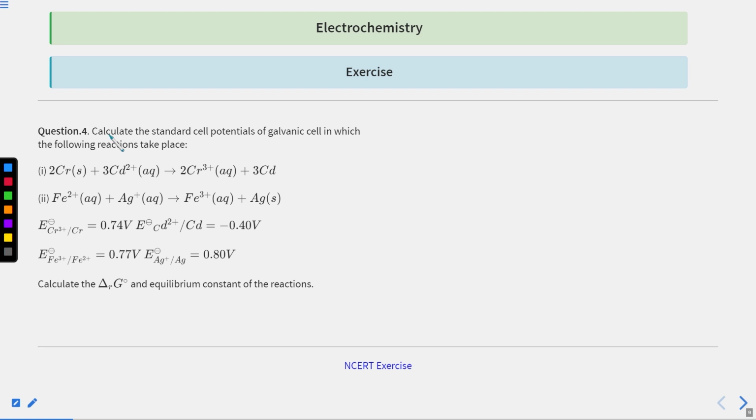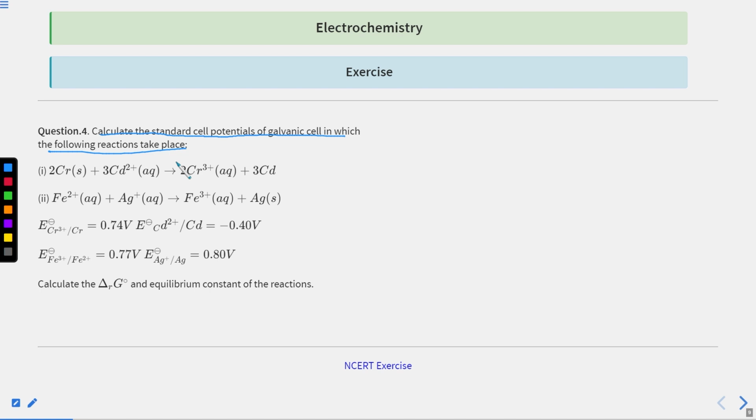The question says we have to calculate the standard cell potential of a galvanic cell and find in which of the following reactions the cell reaction takes place. So we have to see in which of these the cell reaction will happen and in which it will not. How will we do it?